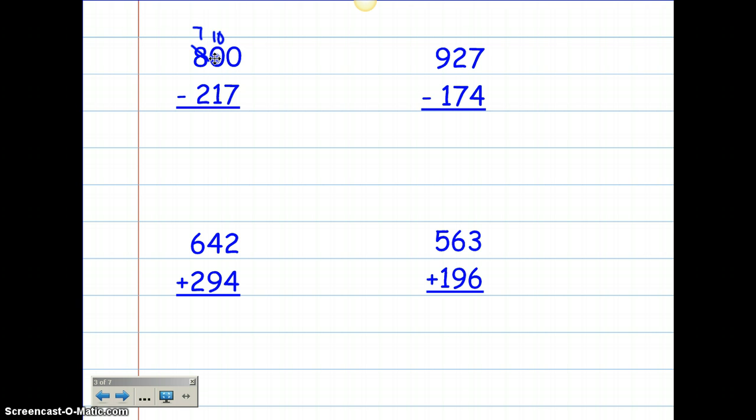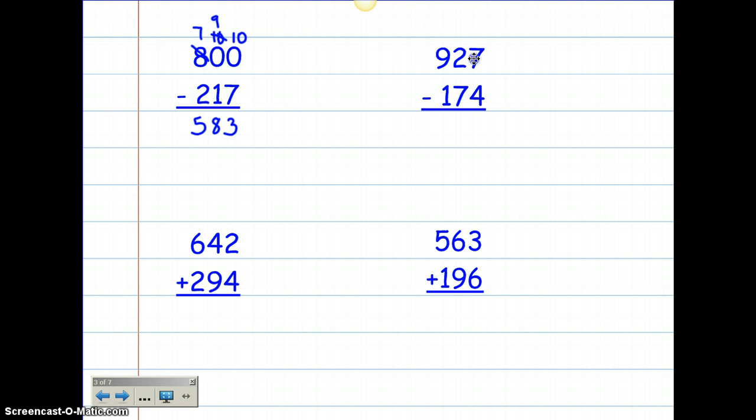Now, can I borrow from the tens place? Yes, so that becomes a 9, and this becomes a 10. And then I can subtract. 10 minus 7 is 3, 9 minus 1 is 8, 7 minus 2 is what? That's right, it's 5. And my answer is 583.